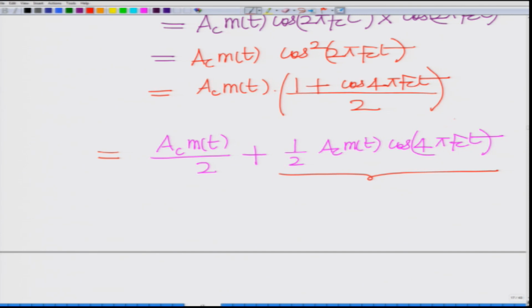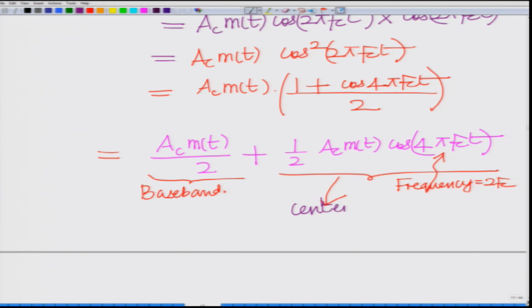If you observe this, cosine 4 pi f c t corresponds to a frequency of 2 f c. The first term is of course your base band, centered at 0, and this one, because of the cosine 4 pi f c t, is centered at 2 f c, alright.